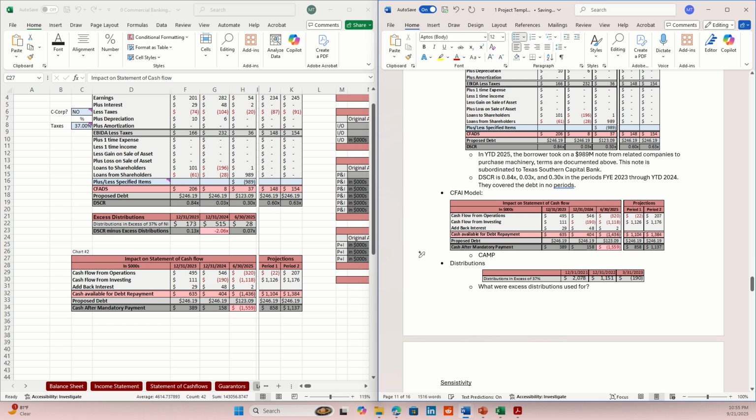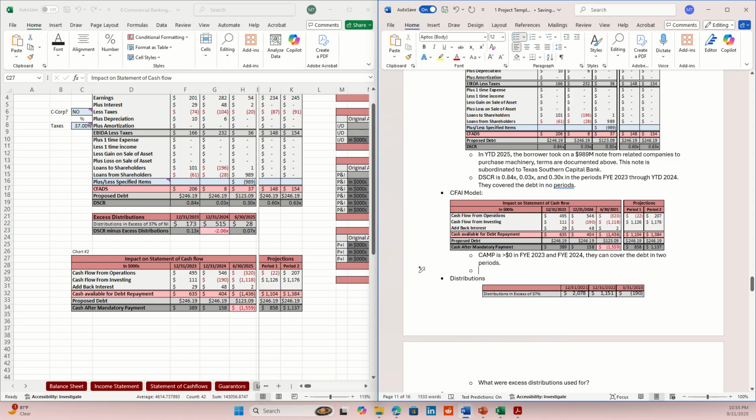CAMP is greater than $0 in fiscal year end 2023 and fiscal year end 2024. They can cover the debt in 2 periods.